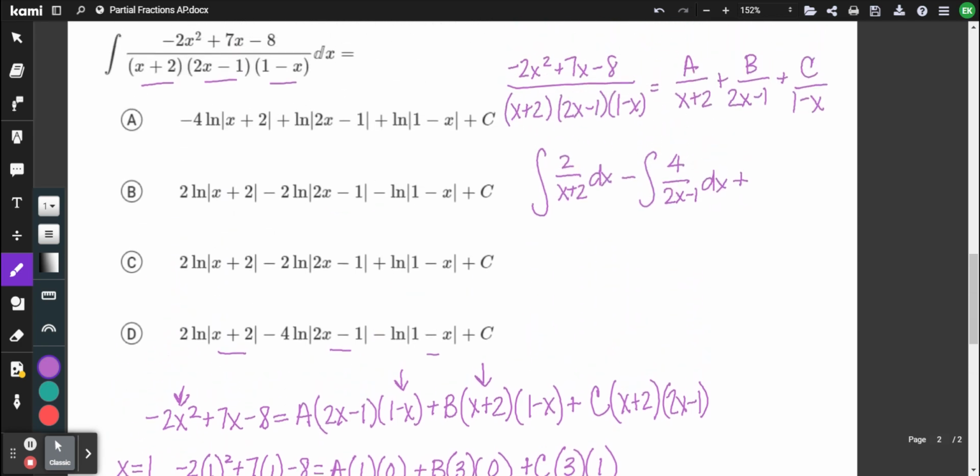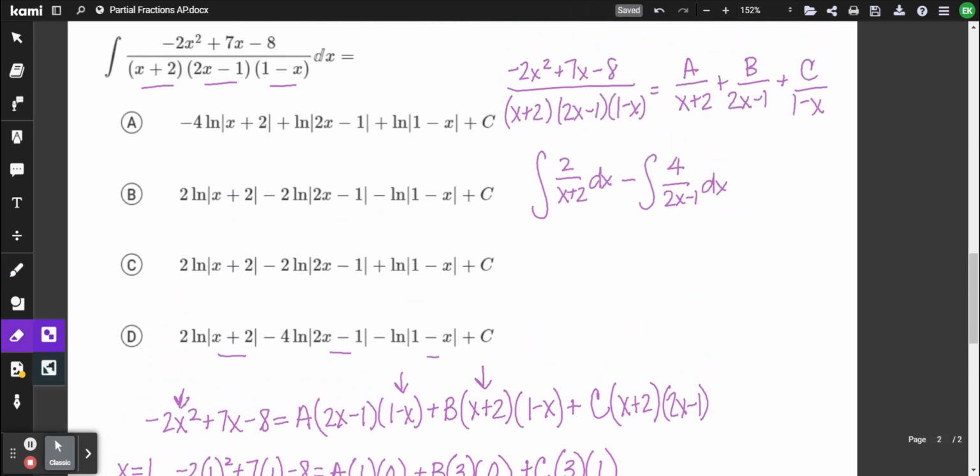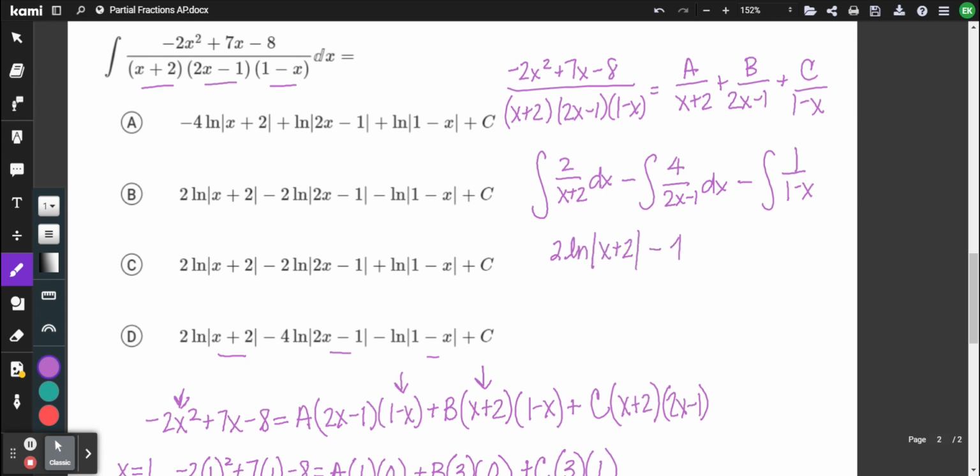Plus, and then C was negative 1. Oops, so let's make that a minus. 1 over 1 minus x, which means that I have 2 ln of x plus 2 minus 4 ln of 2x minus 1 minus the natural log of 1 minus x.